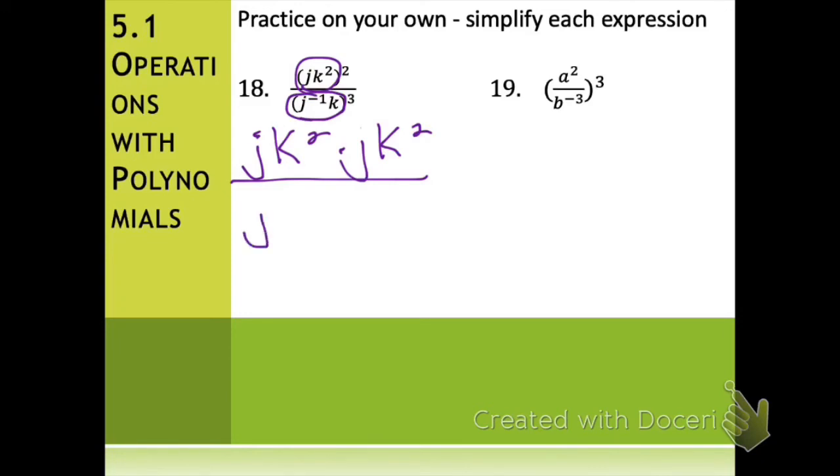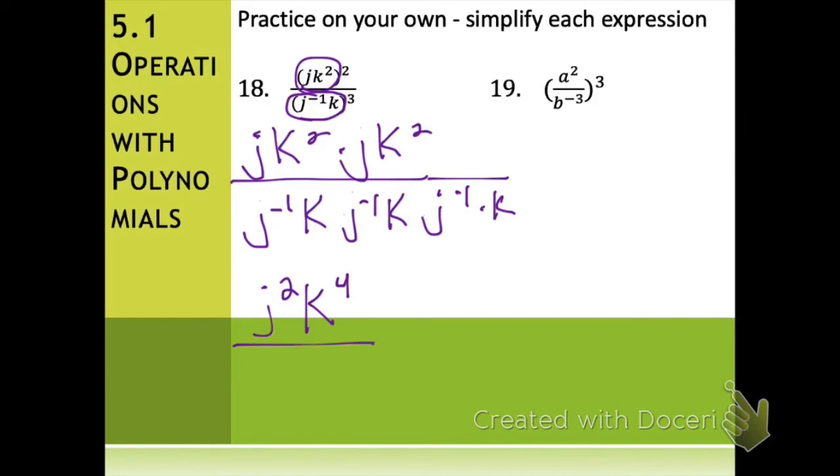So j to the negative 1 k times j to the negative first times k times j to the negative first times k. All right, so putting things back together and kind of reorganizing, I'm going to have j squared times k to the fourth on top over j to the negative third times k to the third power on bottom.